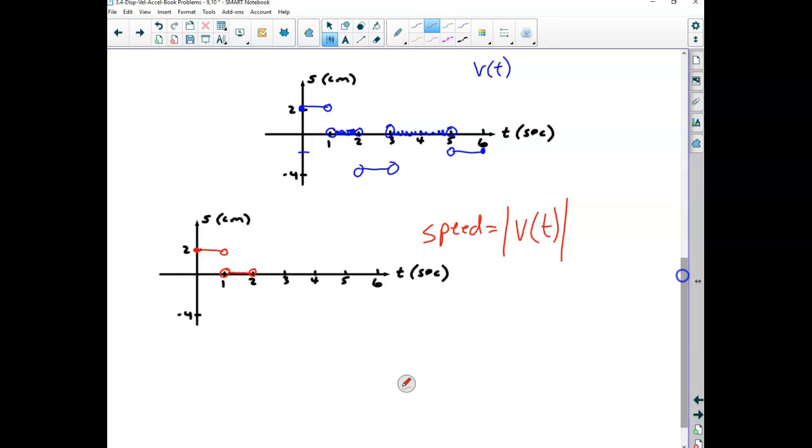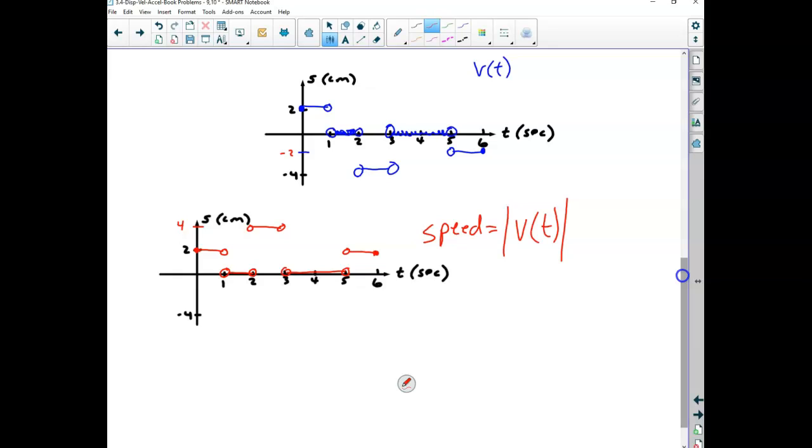Then from 2 to 3, I was at negative 4, but the absolute value of negative 4 is positive 4. Then 3 to 5, I'm still at 0. The absolute value of 0 is 0. And then from 5 to 6, I'm at negative 2, but that means I'm going to be a positive 2. And that is my speed graph.